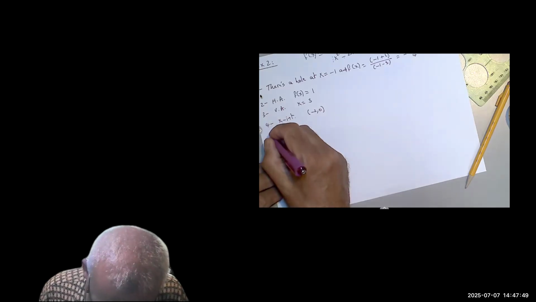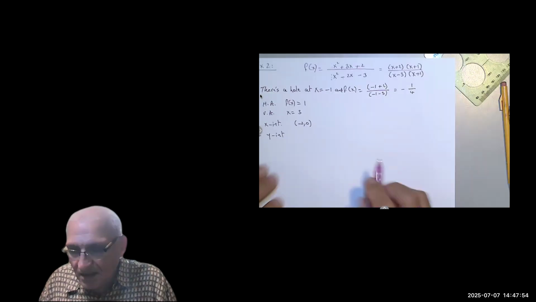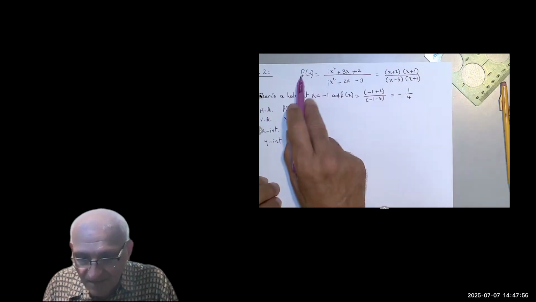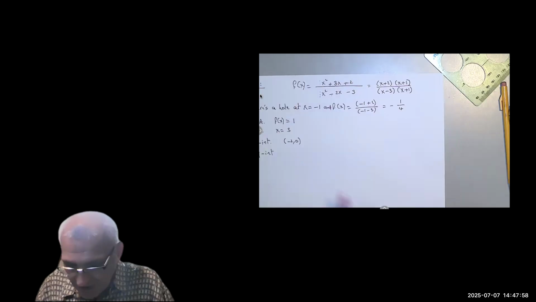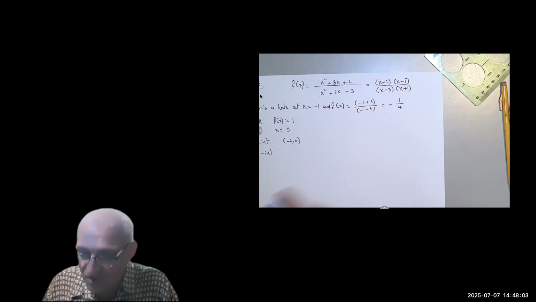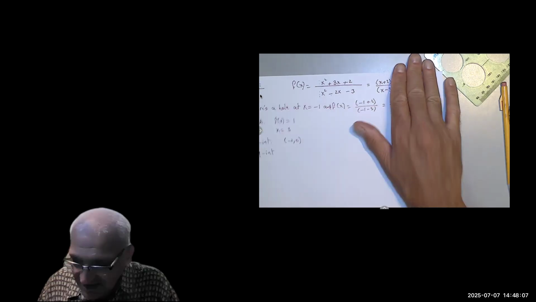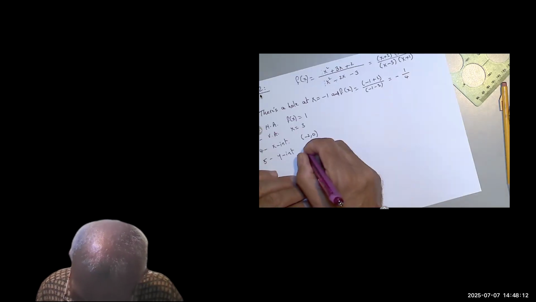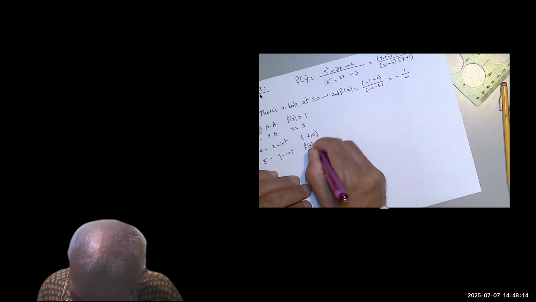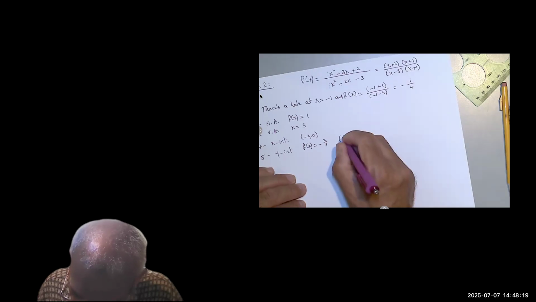What about the y-intercept? We did the x-intercept. For the y-intercept, substitute x equals 0. Again, don't worry about that. If x equals 0, then f of x would be -2/3. So I have the point 0, -2/3.